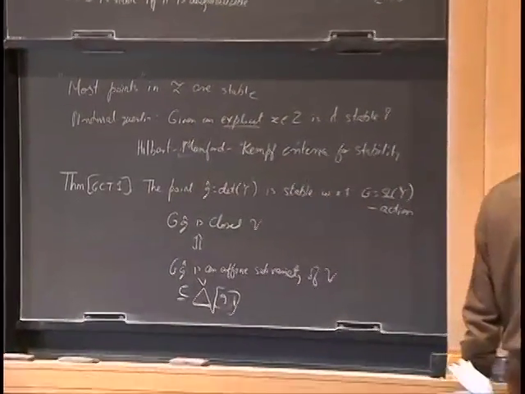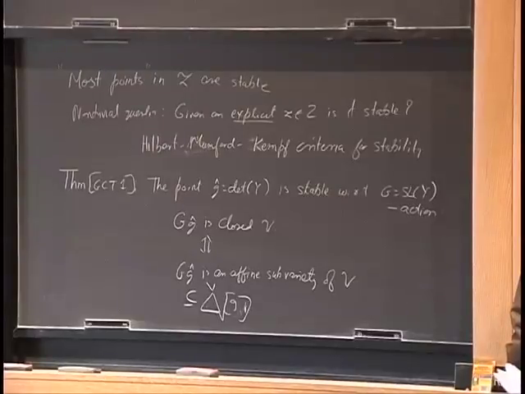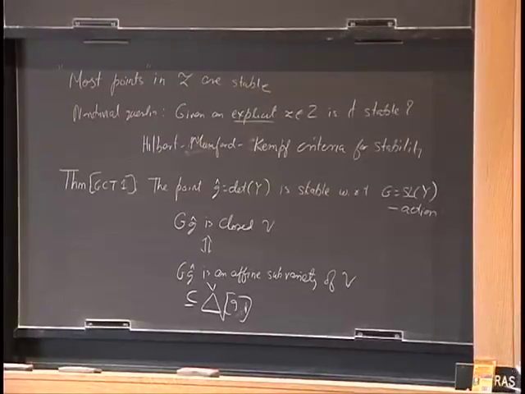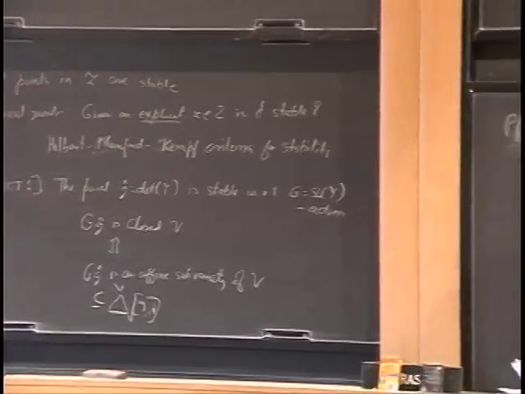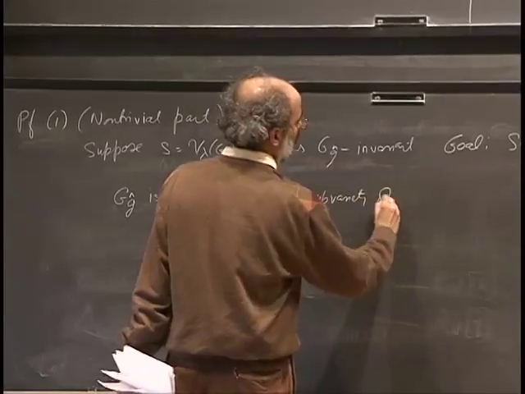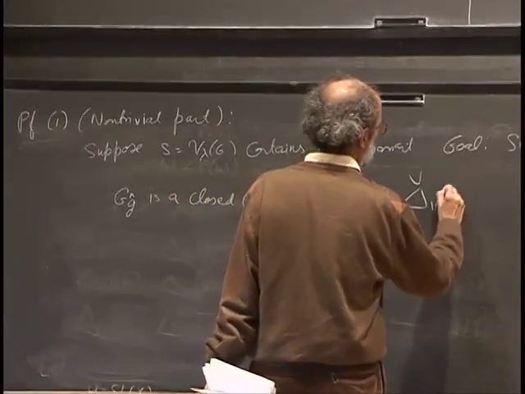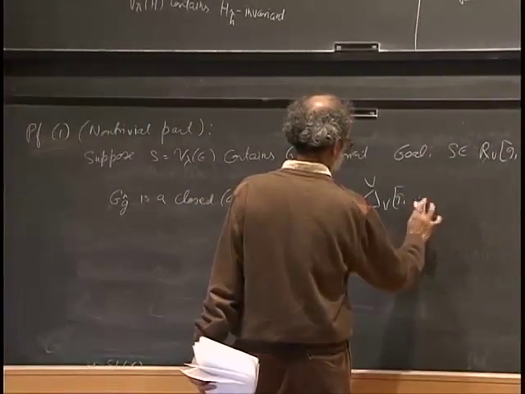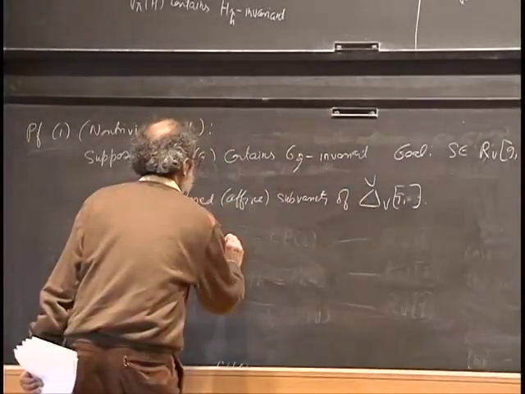So now we know that this G hat is a closed affine subvariety of that cone. This is the picture we have.